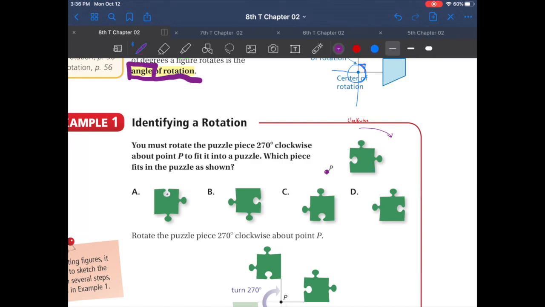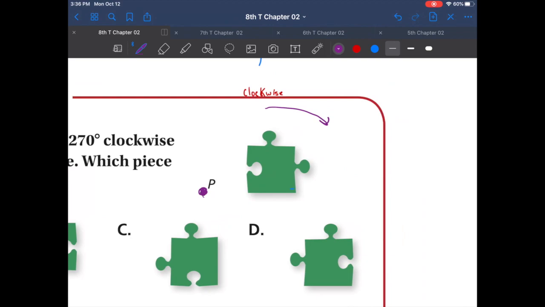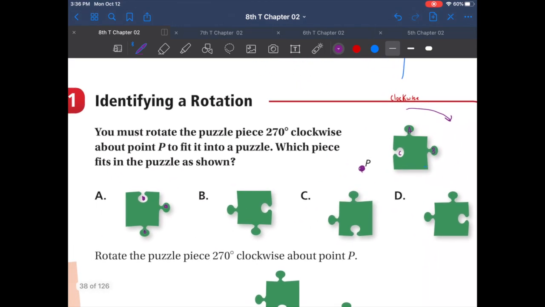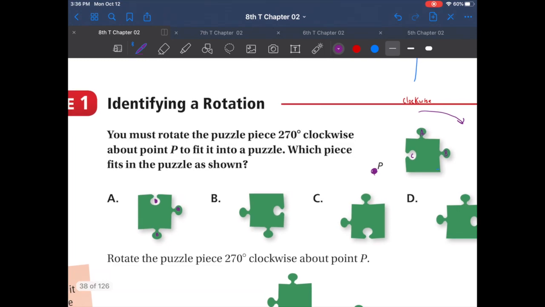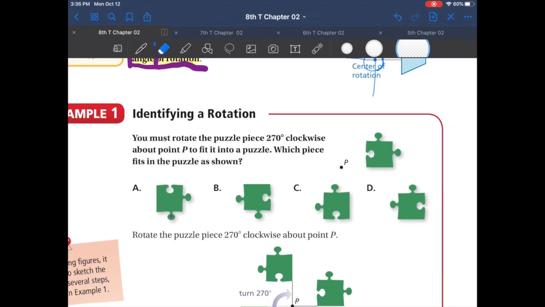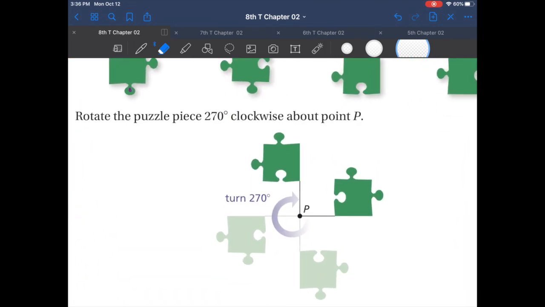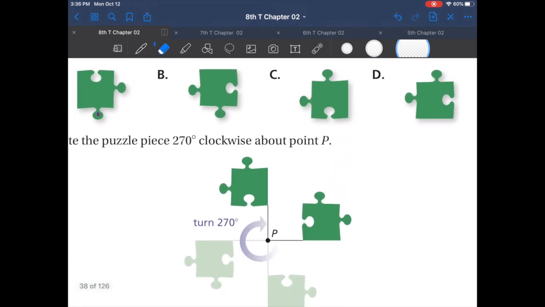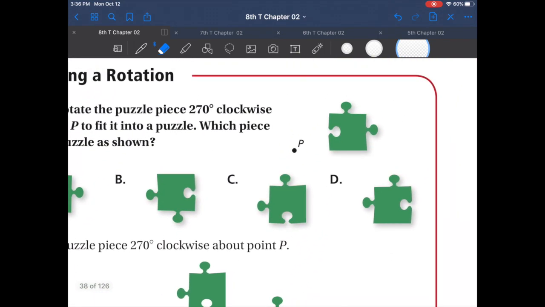So notice where this point is, where this point is, and this point is. So I'll try to label these. So we'll go A, B, and C. So what do you think? Looking at this shape, which one would be a 270 degree rotation? Let's look at the example. So if it started off like this, right?